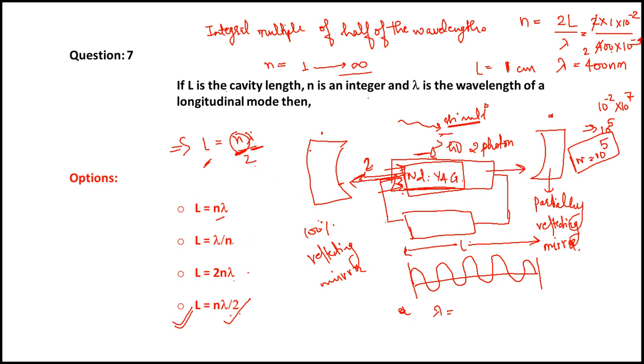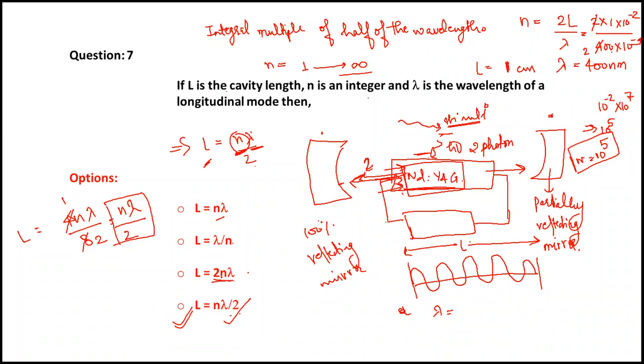The second thing, suppose I give you the option L equal to 4n lambda by 8, then also the relation will come to be the same, n lambda by 2. So in any way the expression is given, we have to find out the final value.